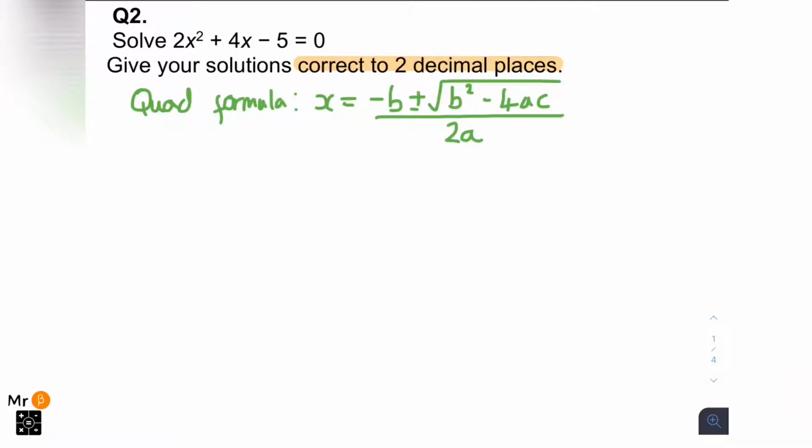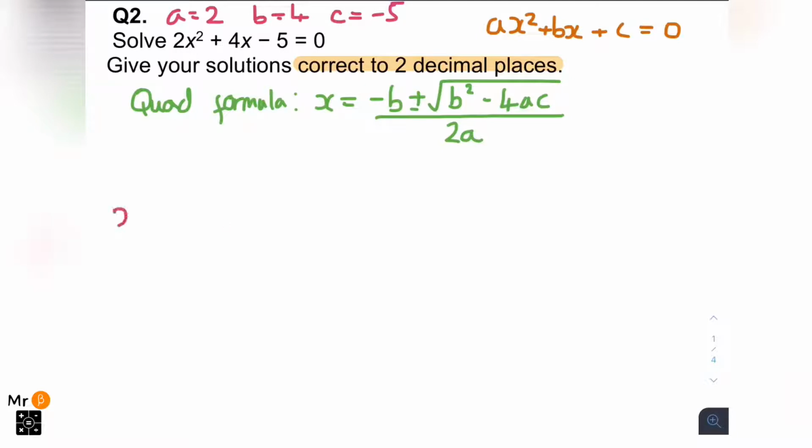And if you remember the general way of writing a quadratic, we have ax squared plus bx plus c is equal to 0. Looking at the way we write our quadratic, that would tell us that a is equal to 2, b is equal to 4, and c is equal to negative 5.